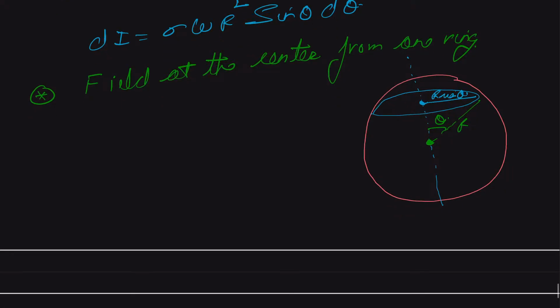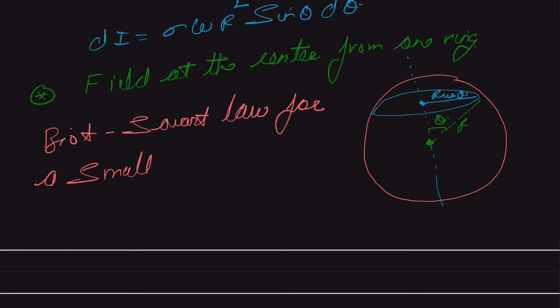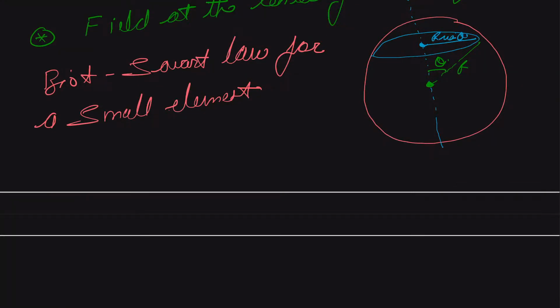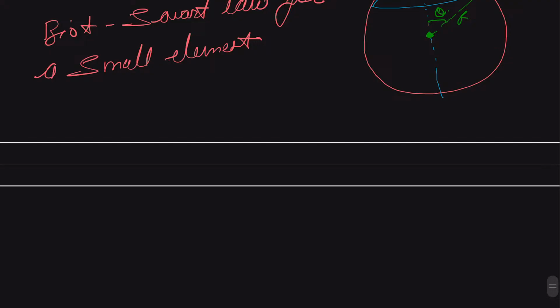So for the field at the center of the sphere from one ring, we can use our Biot-Savart law for a small element. dB will be equal to mu naught upon 4 pi, times the current element, divided by r square, and our direction, that is our r unit vector.